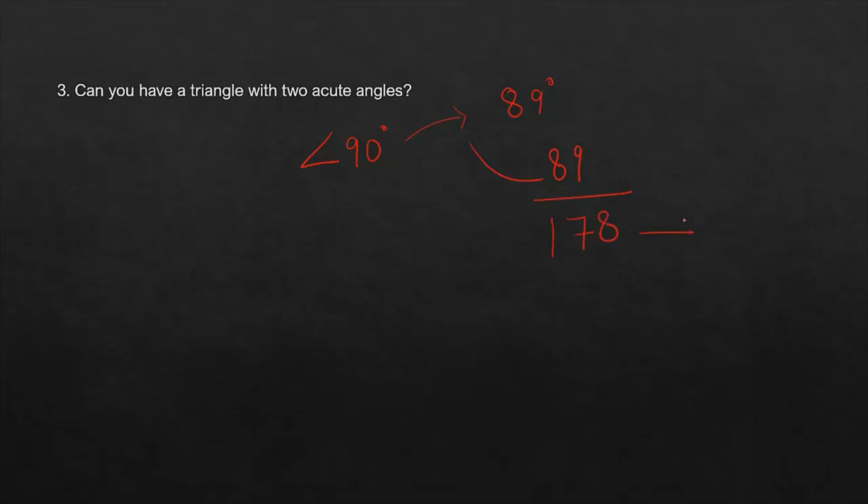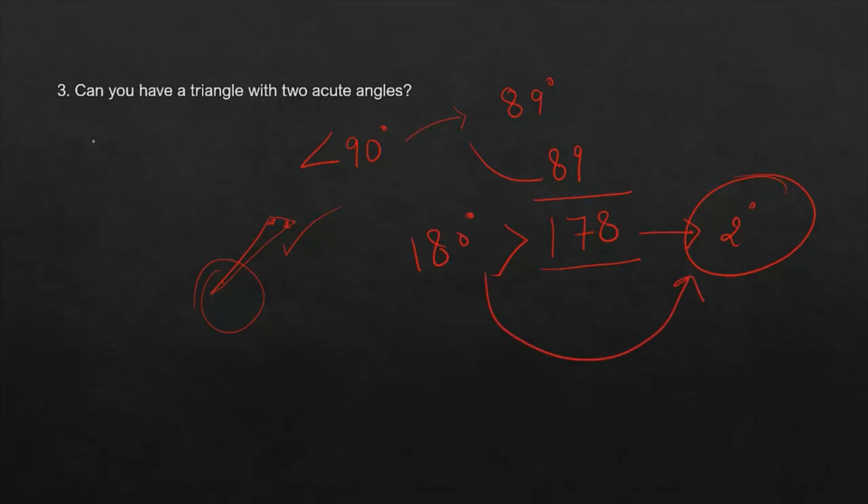We still have 2 degrees left that we can accommodate in the third angle of a triangle, right? Something like this, a 2 degree angle. So we can still make a triangle out of it because the sum of two angles is less than 180 degrees. So we have scope for our third angle. Yes, we can have a triangle with two acute angles.